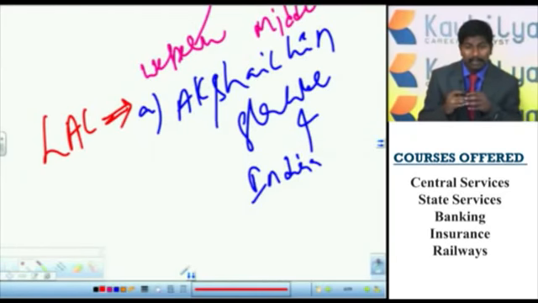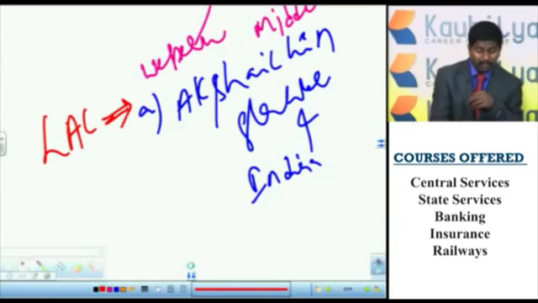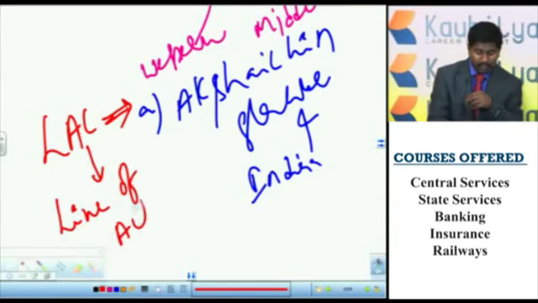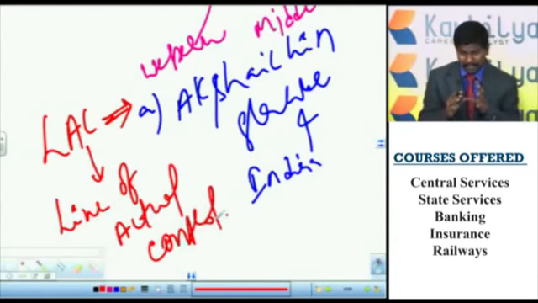It is still under Chinese occupation. This LAC is the line of actual control. Remember this point. LOC, line of control, is the temporary border between Pak occupied Kashmir and India. LAC is the temporary border between Chinese occupied Aksai-Chin Glacier and India.